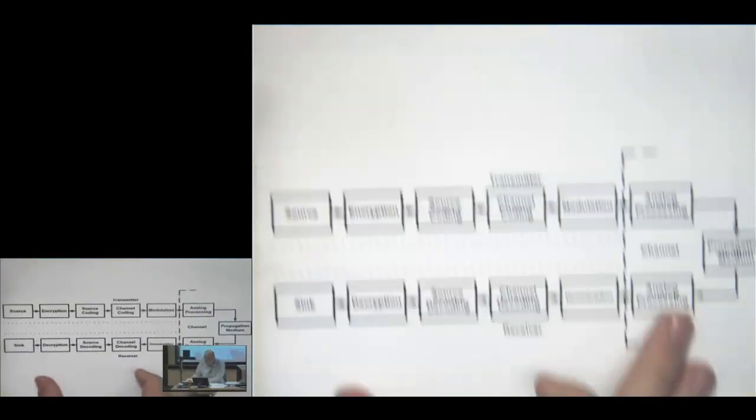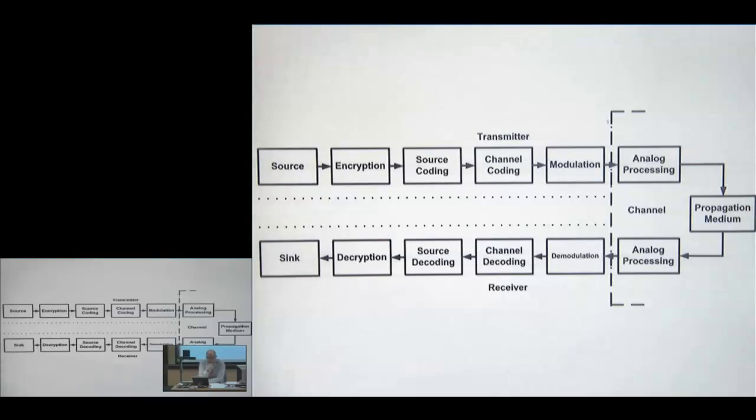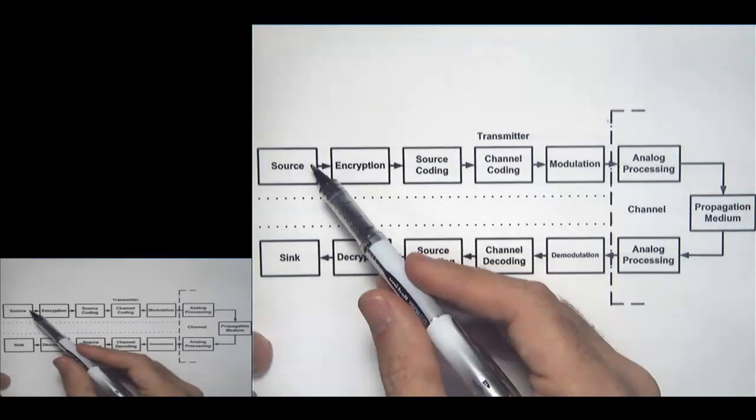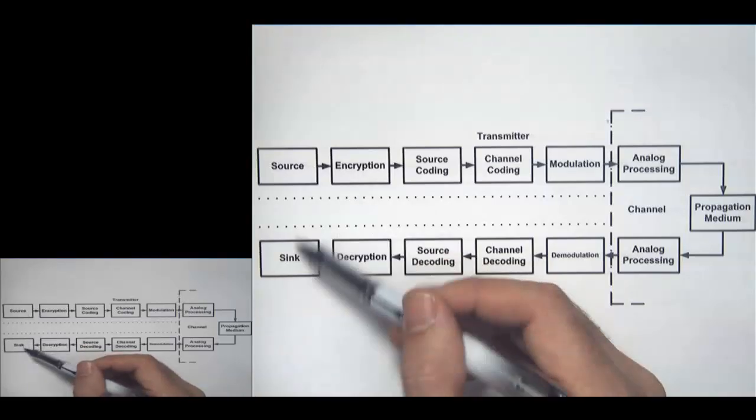So here's the block diagram that we spent a lot of time talking about in lecture number 2. And so this is a typical digital communication system. It's an abstraction that forms the basis of a lot of different aspects of communication. So we talked last time about the source and the sink, the source being the origin of binary information or bits, and the sink being its destination.